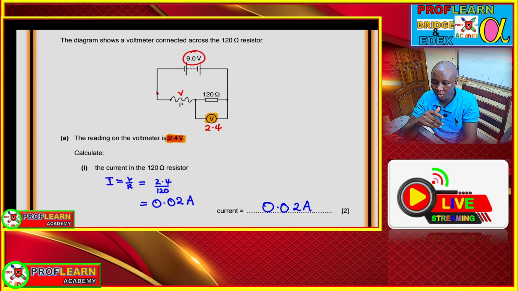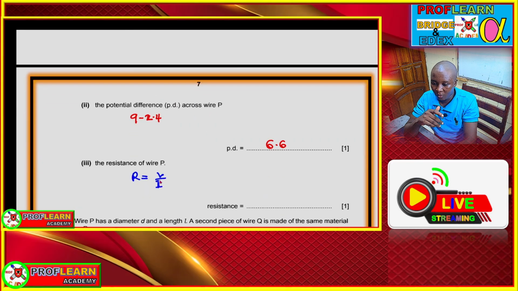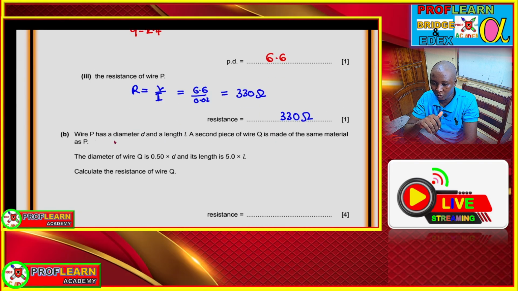So here we're going to use this current, which is 0.02, and the voltage that we had gotten, so that we can work out the resistance to be 330 ohms. Upon finding this, we can now answer the last question of this episode.